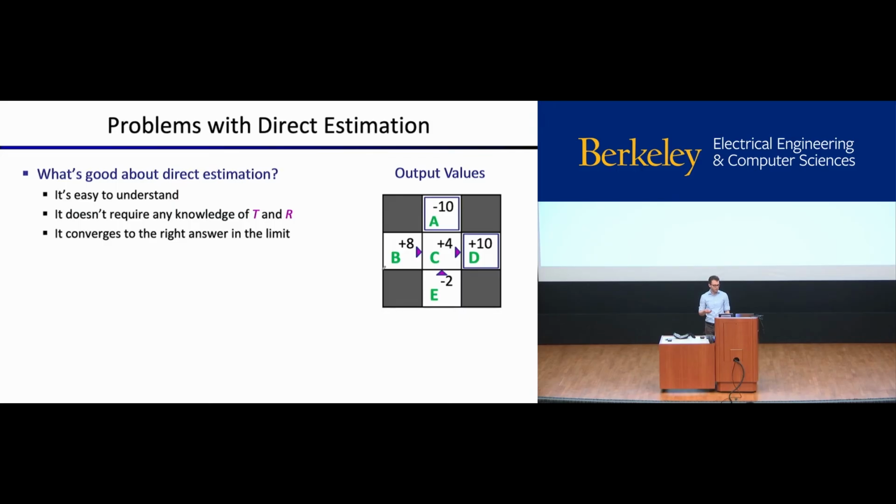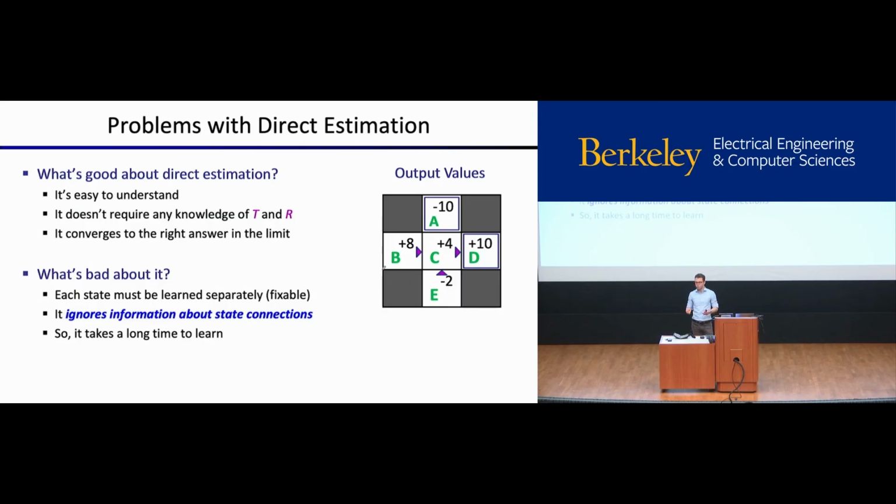They're both going to state C all the time, at least in the data that we have. So that's kind of weird. It feels like there should be some way to pull this information about C into the two states that we are reaching C from. B and E both go to the same state. So can we use this information and spread it across these other states?